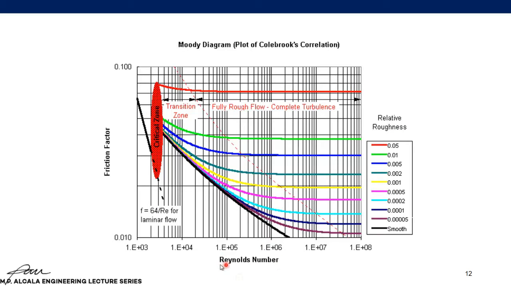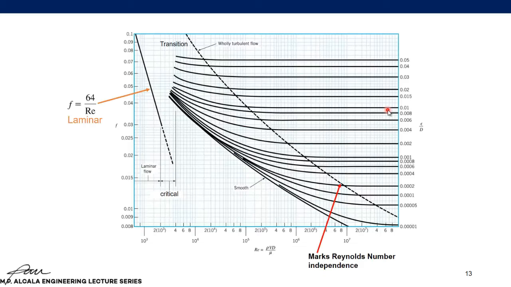The Reynolds number is on the horizontal axis, along with the friction factor and the relative roughness. Don't worry, class. We will have many examples solving problems in application of the Moody diagram, in order for us to determine head losses. So here's a sample diagram also.